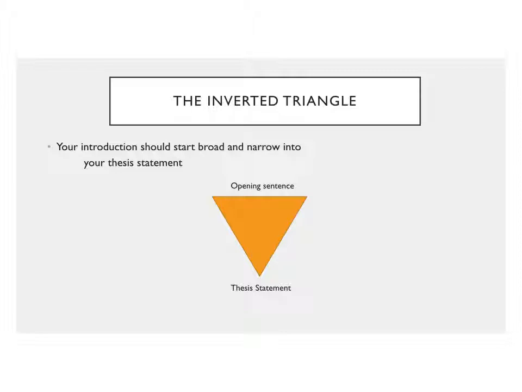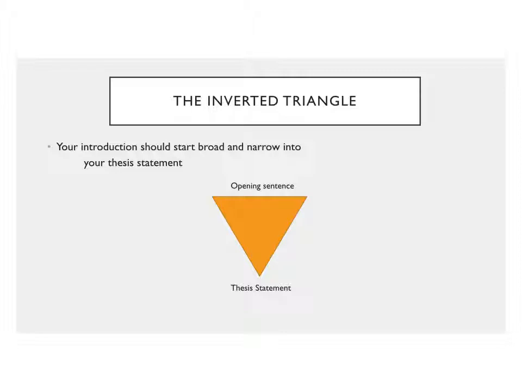With that in mind, if you're a particularly visual person, visualizing your introduction as an inverted triangle can be really helpful. That opening sentence, this hook, is the broadest part of the triangle. You're starting off with a sweeping statement, a broad idea.